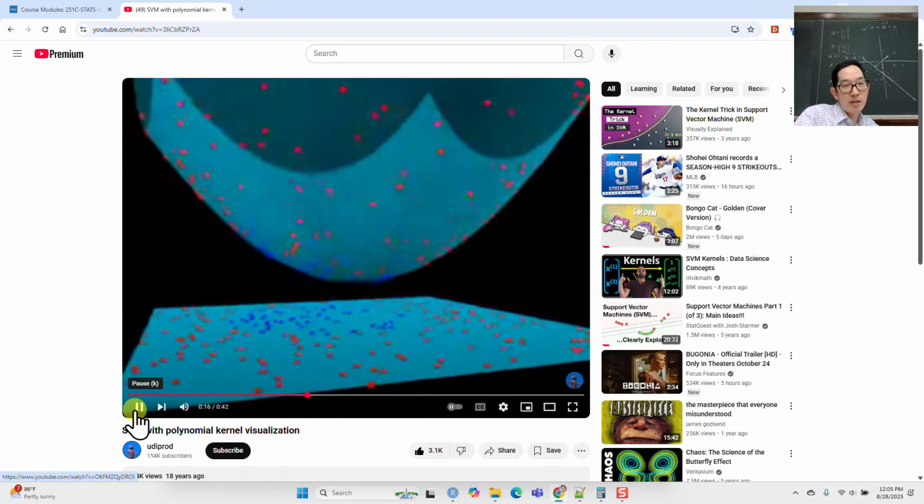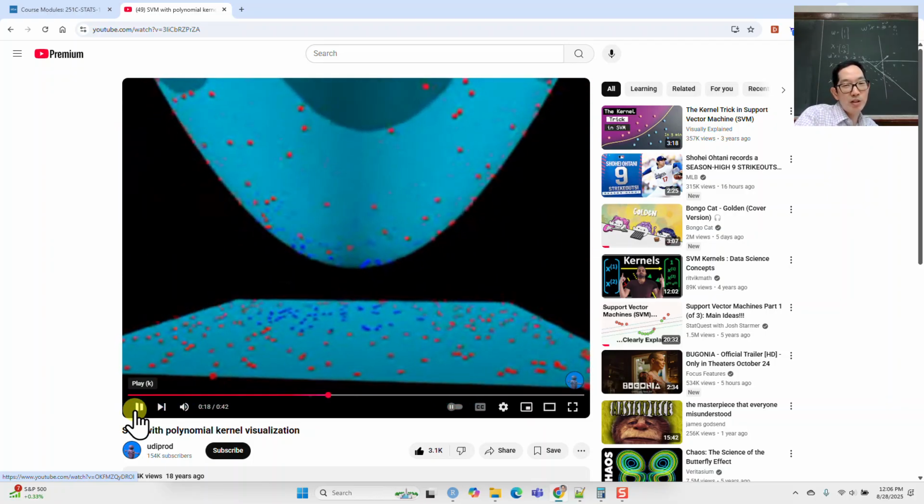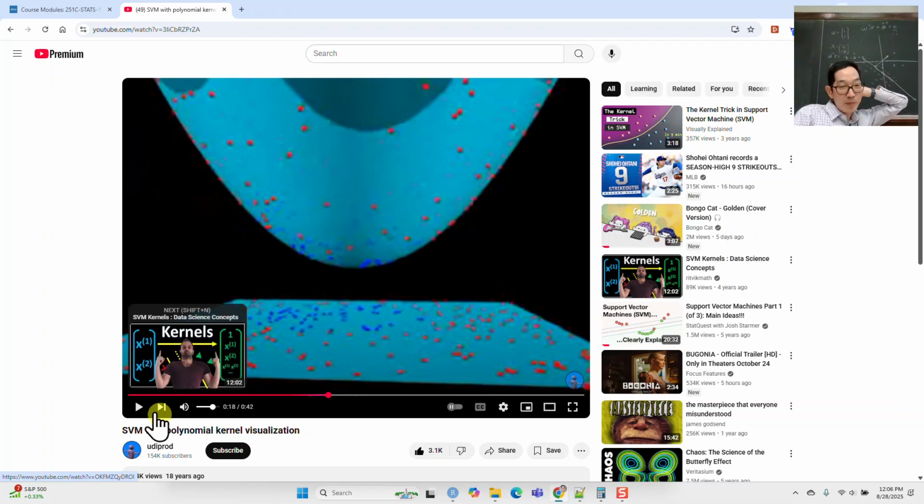So here, if we apply the transformation, I think this is the transformation where we have x1, x2, and then x1 squared plus x2 squared. So basically we're keeping the x1 coordinate the same, the x2 coordinate the same, but we're adding a third dimension where values near the origin don't go up much, but values far away from the origin get spaced out higher, okay?